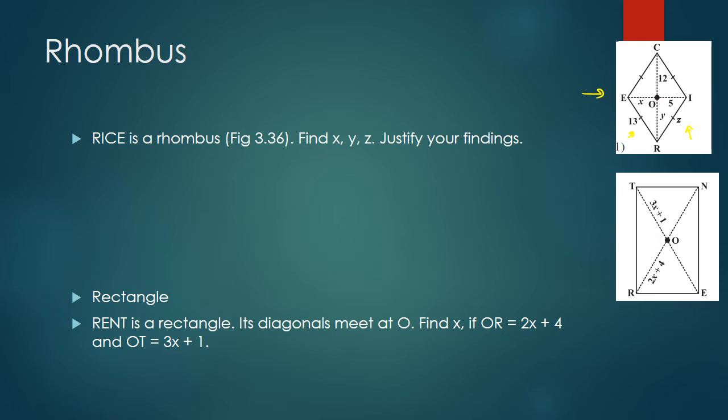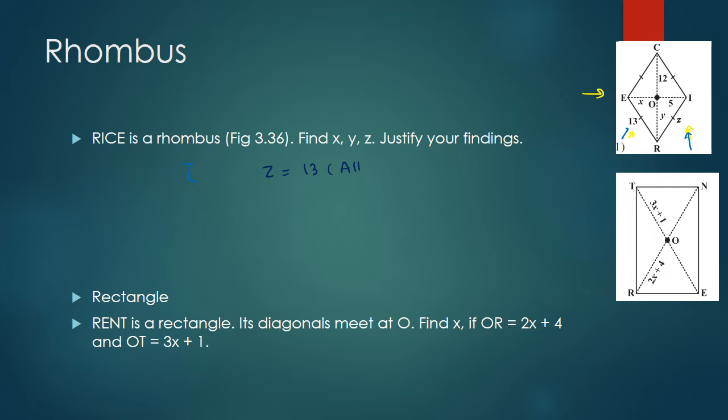Now we have to find z. I told you to always start from what? The given value. This is 13 given to you, this is z. All the sides of a rhombus are equal, if it is a rhombus at all. So what will happen? z will be equal to 13.